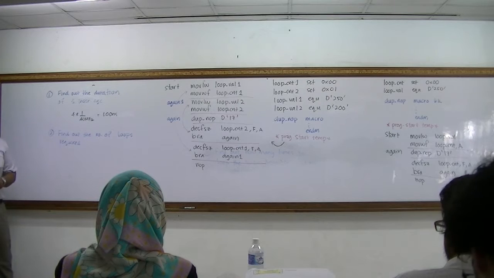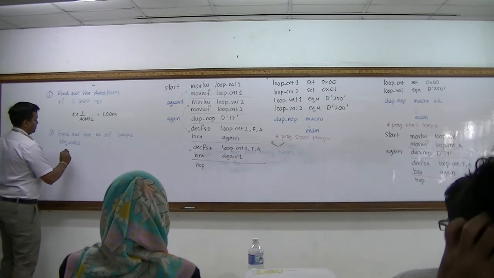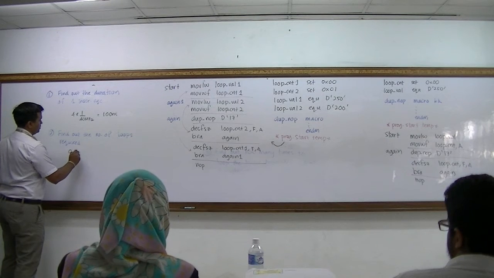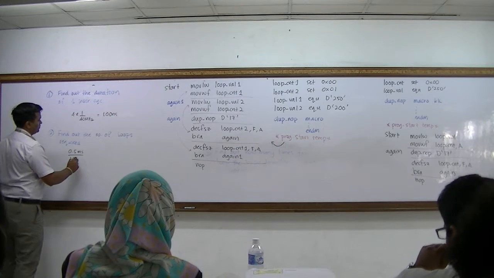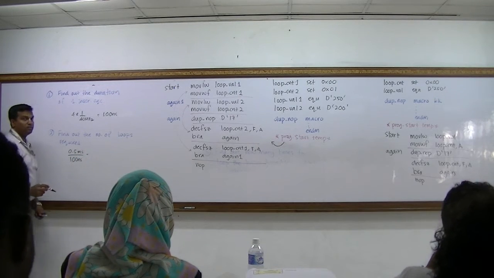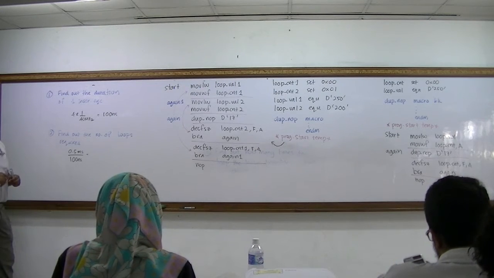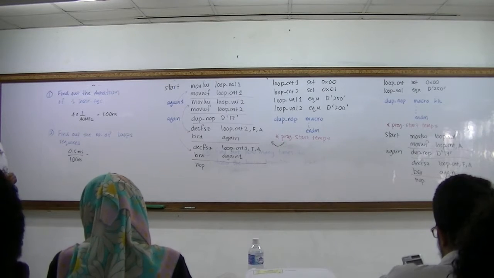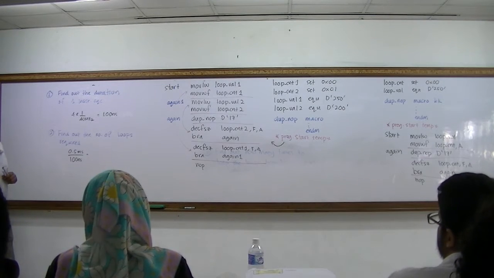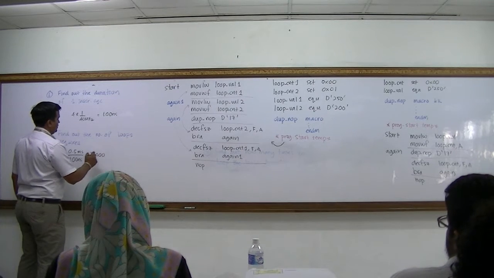From yesterday's example, yesterday's example shows the time delay of 5 milliseconds, right? When you divide by 100 nanoseconds, the value gets 5,000. This was yesterday's example.